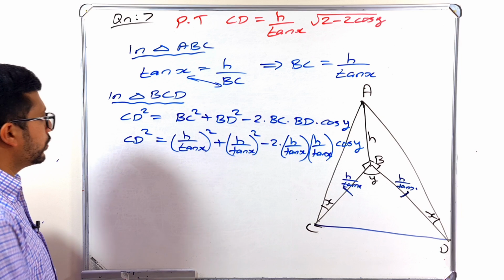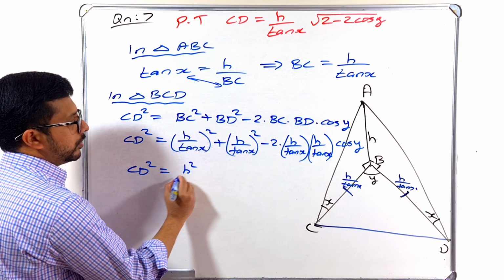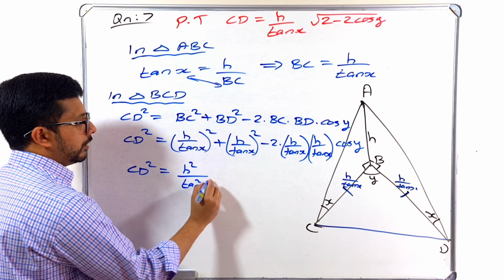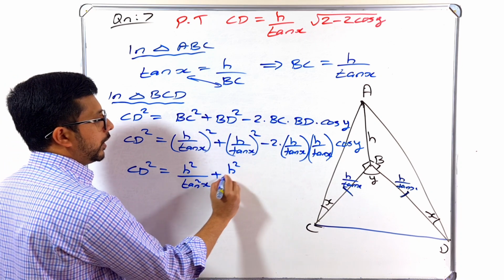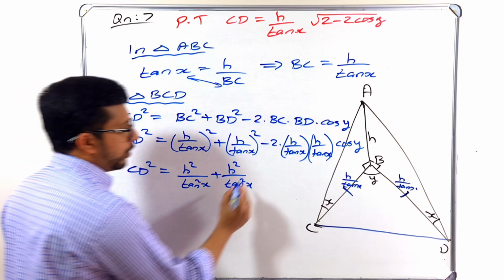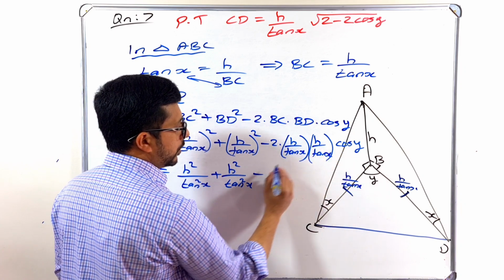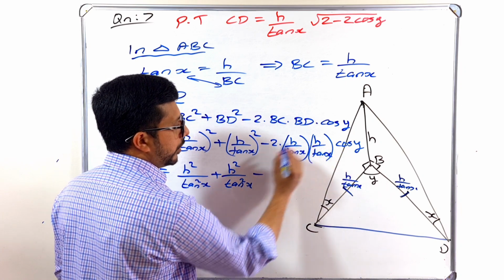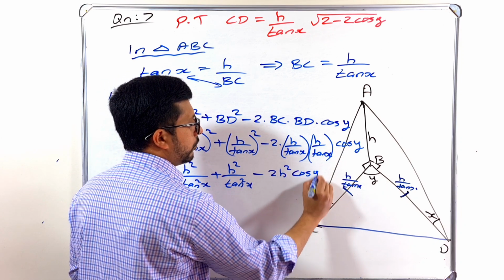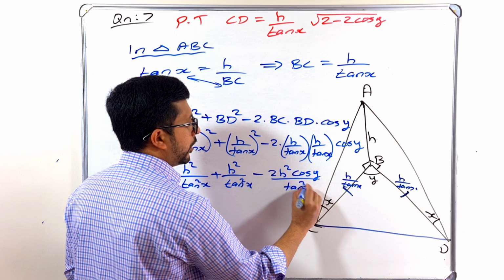So now CD square is equal to h square divided by tan square x, plus the same thing, h square divided by tan square x, minus 2 into h into h is h square, then cos y divided by tan x into tan x, which is tan square x.